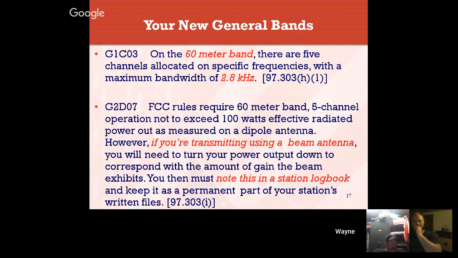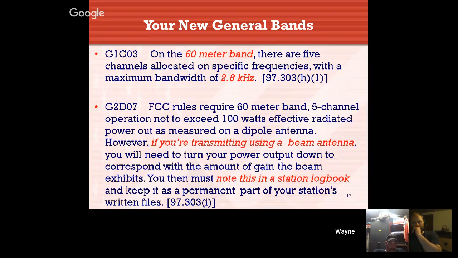So if you have an antenna that has, say, a 3 dB gain, and you pump 50 watts into it, your effective radiated power is probably going to be about 100 watts. If you have your transmitter at a full 100 watts and you have a 3 dB gain antenna, the effective radiated power is going to be approximately 200 watts, not counting any coax loss.